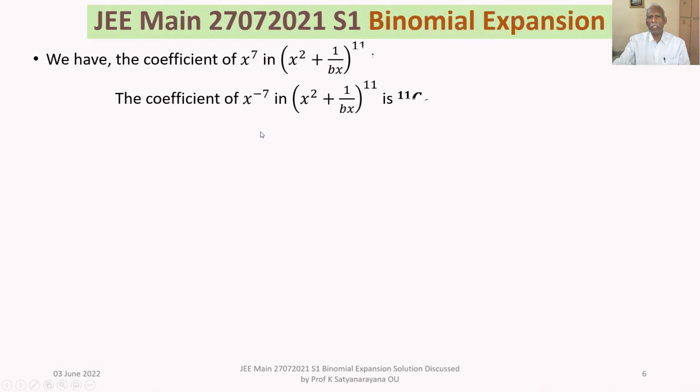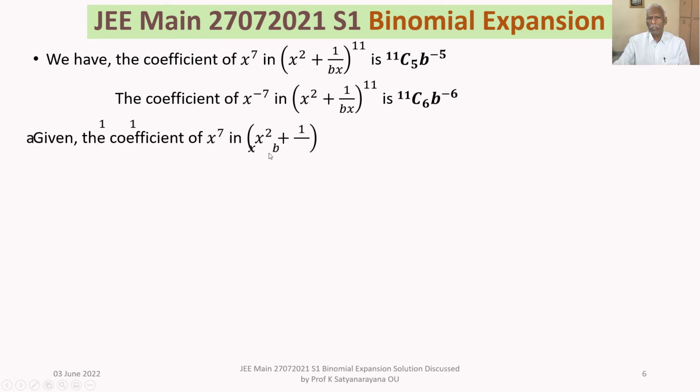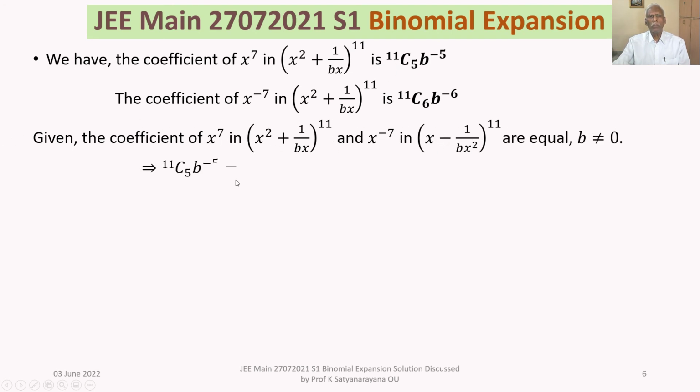We have already seen the coefficient of x to the power of 7 in the first expansion as this, and the coefficient of x to the power of minus 7 in the second expansion as this. And it is given they are equal. That means 11C5 into b to the power of minus 5 is equal to 11C6 into b to the power of minus 6, where b not equal to 0.